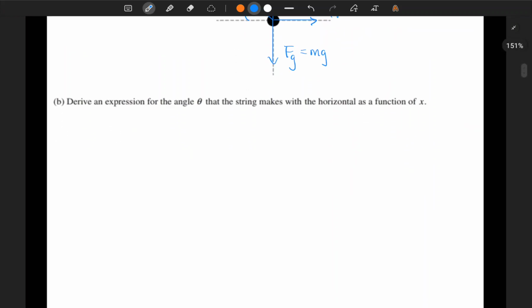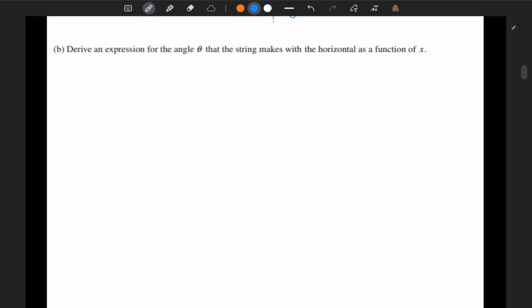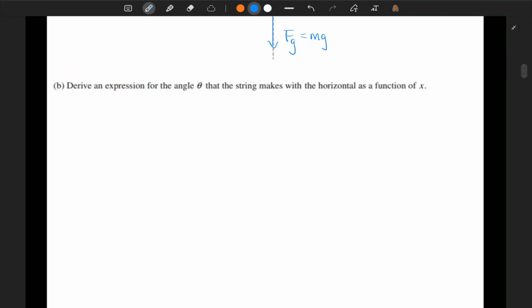Next, derive an expression for the angle that the string makes with the horizontal as a function of x. Well, we know that our system forms the following triangle. We have a string which goes up and then over a pulley and goes diagonally downward to the block.